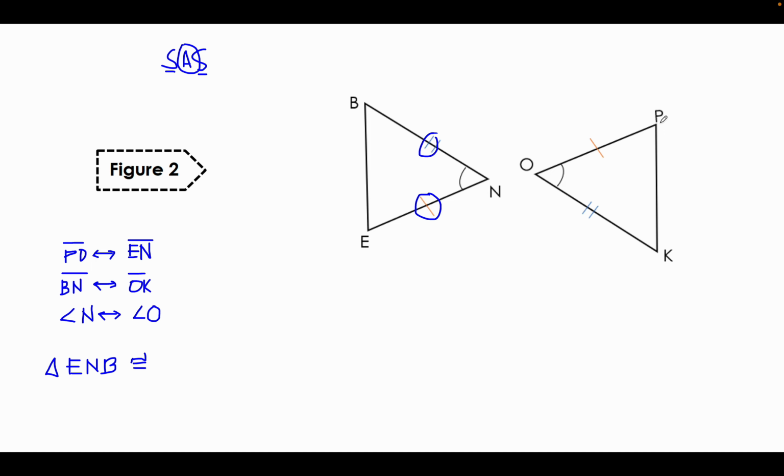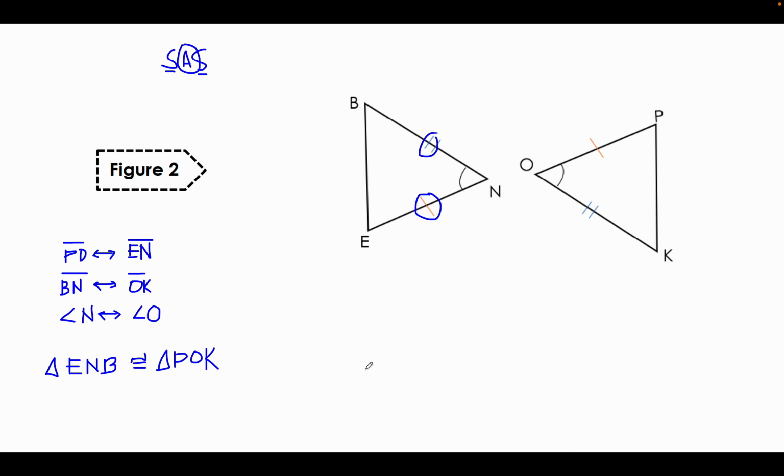So we have to take note here of the corresponding parts. We have triangle POK. Okay. Are you following? Yes po. Okay. That's it.